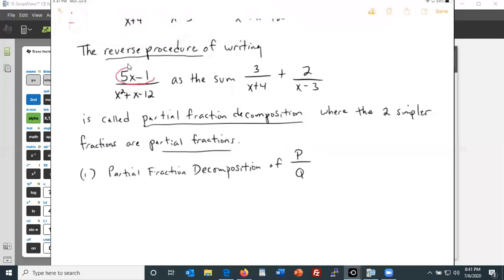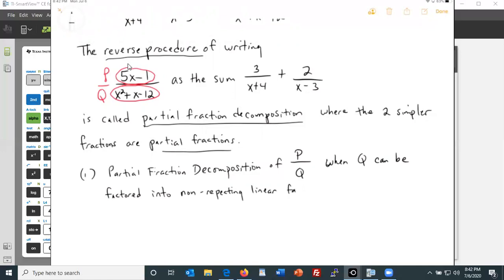The 5x minus 1 would be our P, and the x squared plus x minus 12 would be your Q. Okay? So we want to break down an expression like that when Q can be factored into non-repeating linear factors.